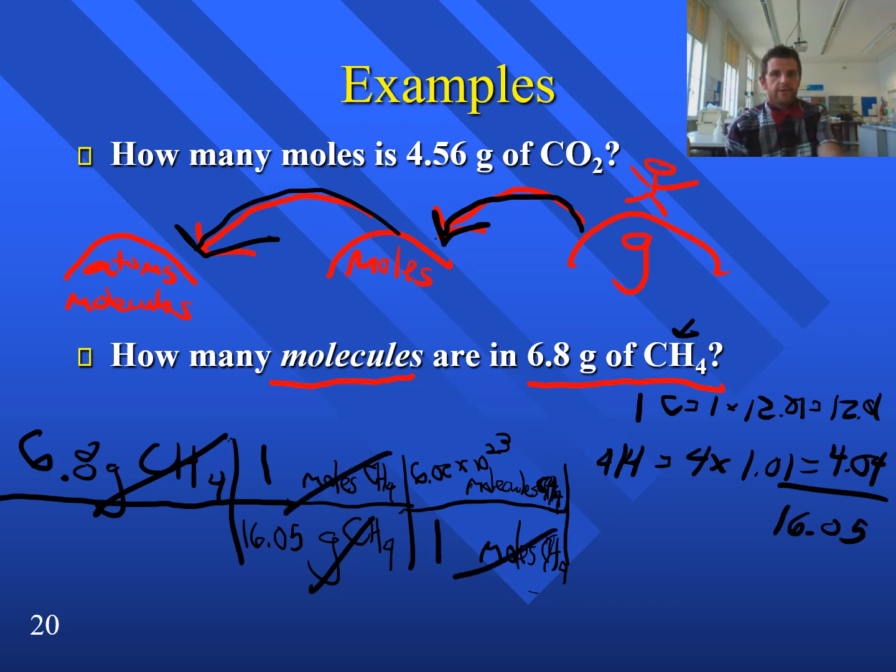So then when I'm putting this into my calculator, I would do 6.8 times 6.02 times 10 to the 23rd, divide that by 16.05.